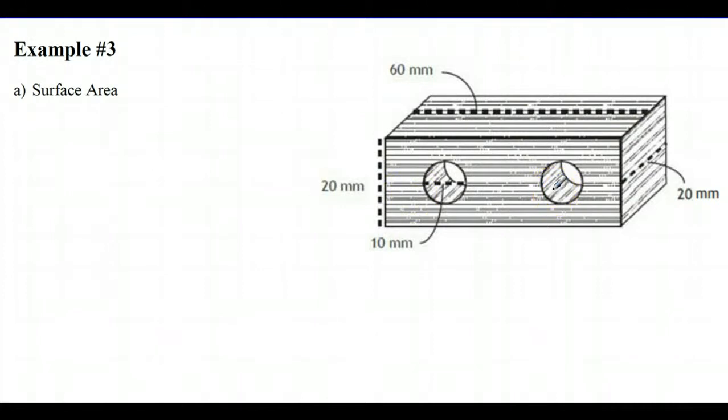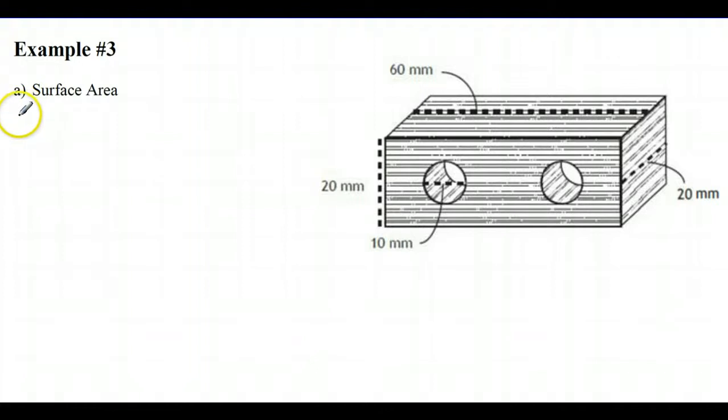So we need the surface area of the prism minus the 4 circles. But then wait, we also have to paint the inside of these holes, so we're going to add on the 2 cylinders. So the surface area of the prism minus these 4 circles plus the lateral surface area of these 2 cylinders. We don't need the ends. The ends are hollow. There is no end here. So the lateral surface area.